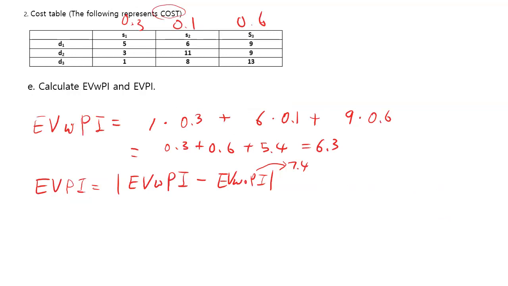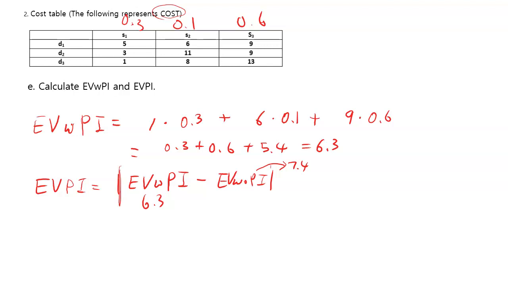Now, EVWPI is 6.3, and the expectation value of perfect information is defined as the difference between expectation value with perfect information minus expectation value without perfect information. And since differences are always positive, that's why you have this absolute value here.